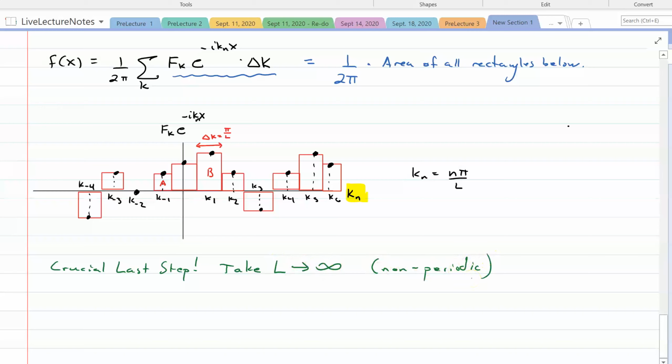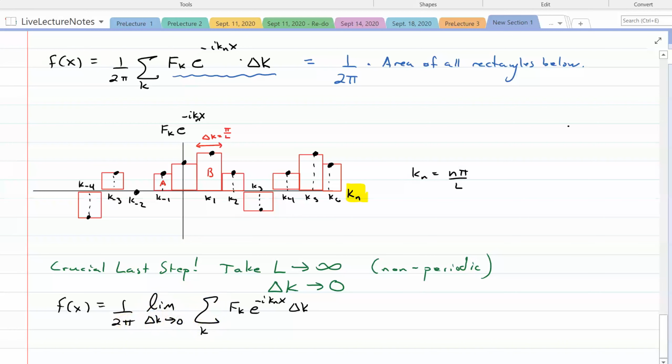If the period of something is infinity, it means it never repeats. What happens? That means that the spacing between my points here goes to 0, right? Delta k goes to 0. And so what is my function, f of x? It's equal to 1 over 2 pi, limit as delta k goes to 0, this summation.